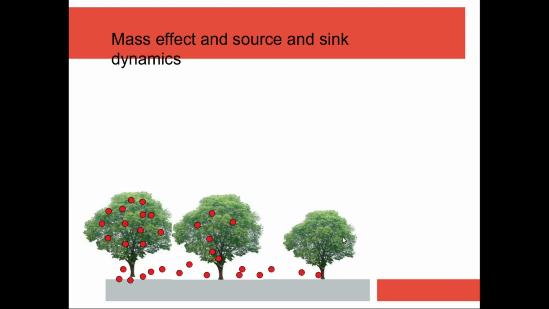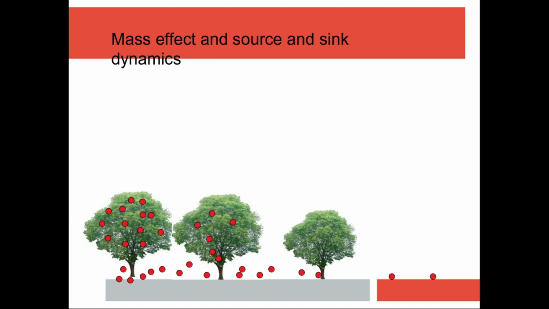So mass effect is when that amount of fruit production is large enough to spread the seeds to the periphery of the distribution area into sites that might not have the conditions for full development of the individual.